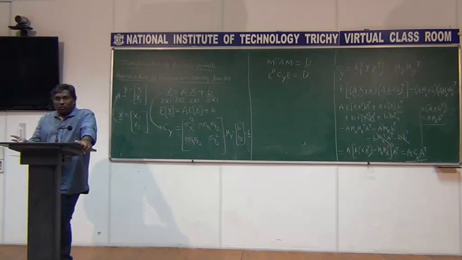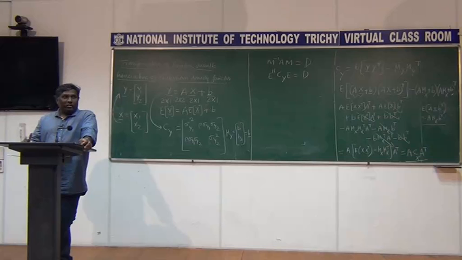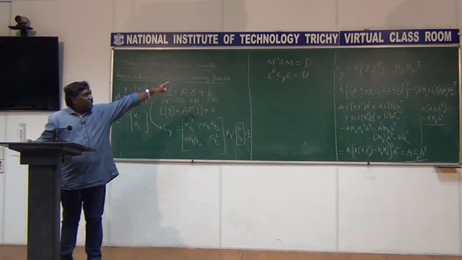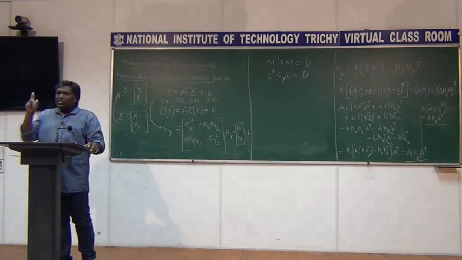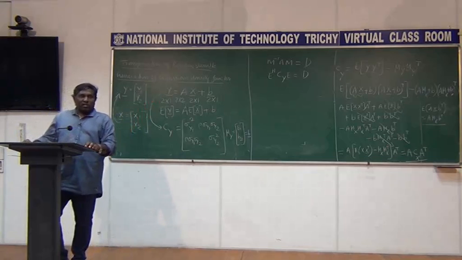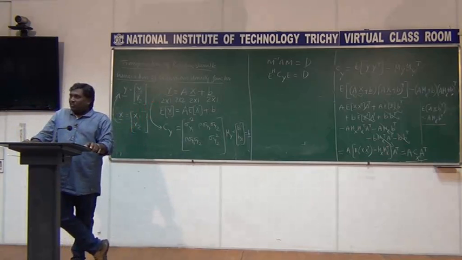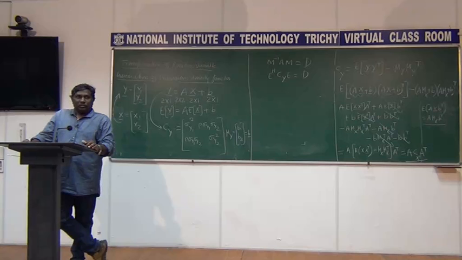You can even make them orthonormal, meaning the magnitude is 1 and the dot product is 0. That is why, instead of the inverse, I have simply taken the transpose. H is the Hermitian transpose, because the elements can even be complex numbers; transpose with complex conjugate is what we call the Hermitian transpose.